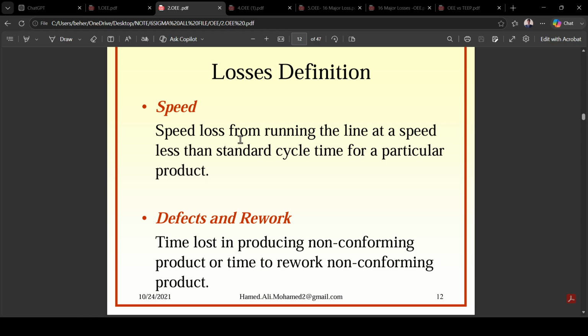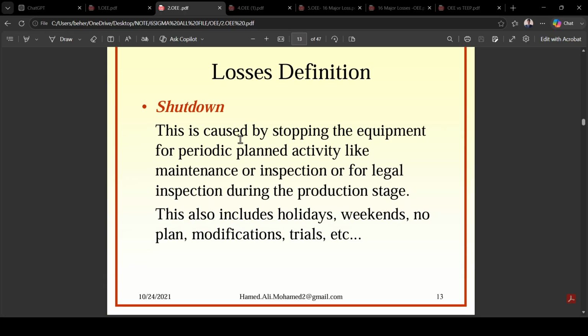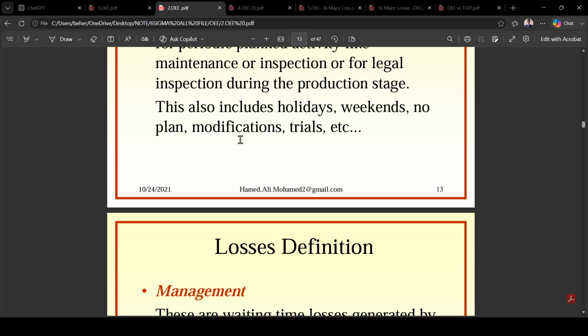Defects and rework: time lost in producing non-conforming product or time to rework a non-conforming product. Then shutdown: this is caused by stopping the equipment for periodic plant activity like maintenance or inspection, or a legal inspection during the production stage. This also includes holidays, weekends, plant modification, trials, etc.